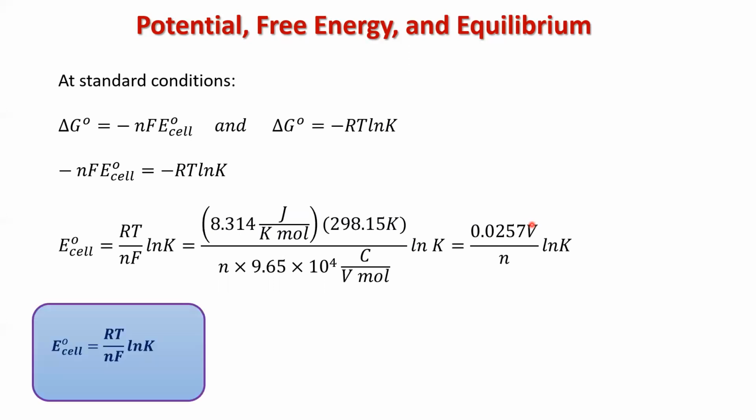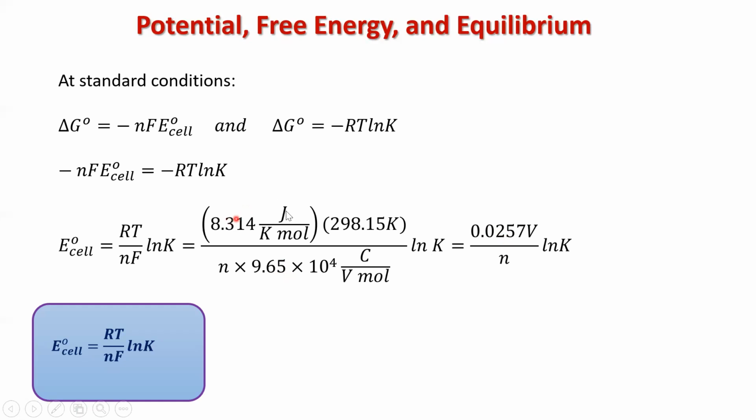And this new equation has lots of constants in it. We've got R, which is a constant. We've got T, which, if we're at standard conditions, is 25 degrees Celsius or 298 Kelvin. And we've got Faraday's constant, which is a constant. So 8.314 times 298.15 divided by 9.65 times 10 to the 4th can be summarized in a constant, 0.0257 volts.